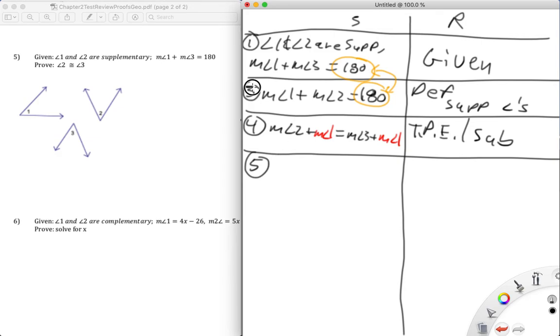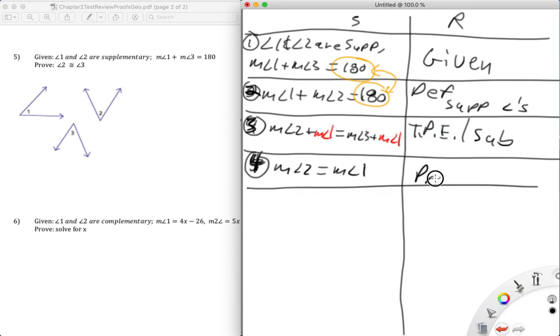I'm sorry, this is step 2. This is step 3. This is step 4. So I can subtract those ones out, and I can say the measure of angle 2 is equal to the measure of angle 3. Subtraction property of equality.